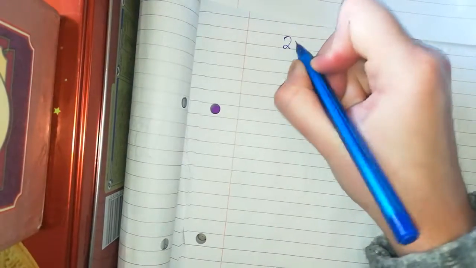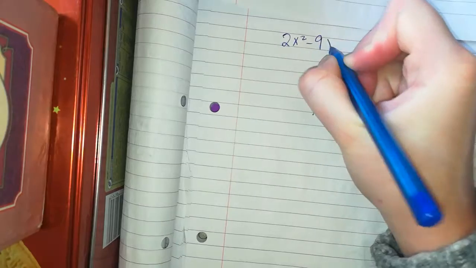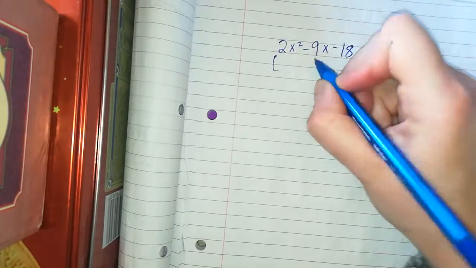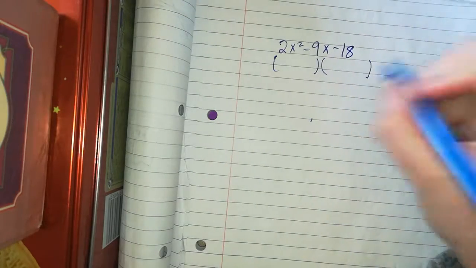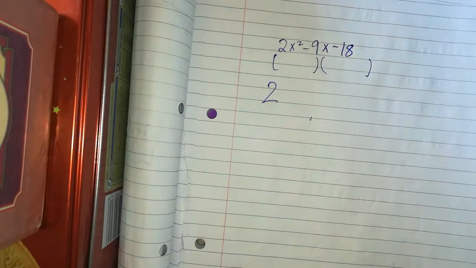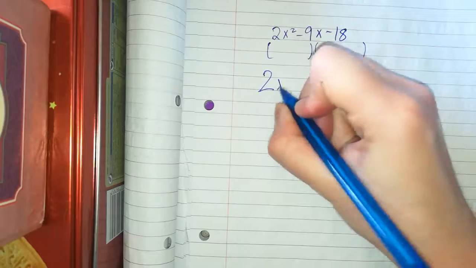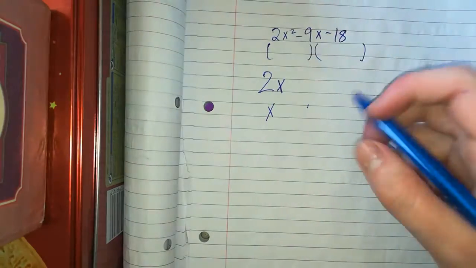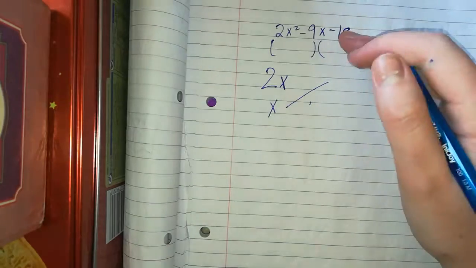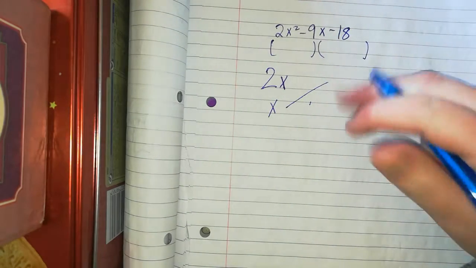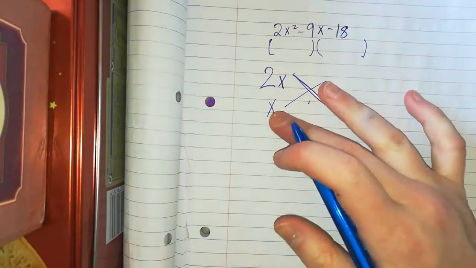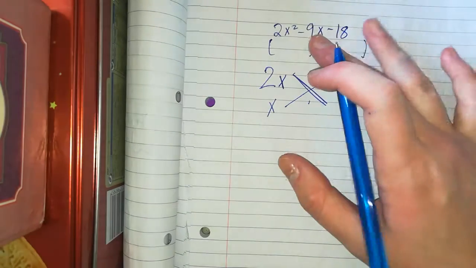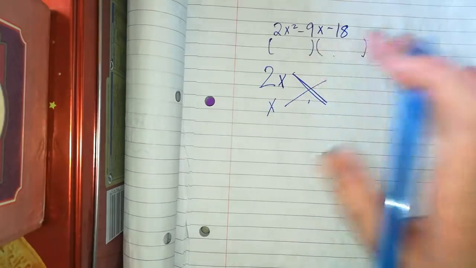But I'm also going to do it the other way that some students use; it depends on what way your teacher does it. So 2x squared minus 9x minus 18. We first put two brackets, kind of like the box method. First we put a 2x and an x, so the two things multiply to give 2x squared. Then we put the multiples of minus 18, where x by one of those multiples plus 2x by another has to add to give the minus 9 in the middle.